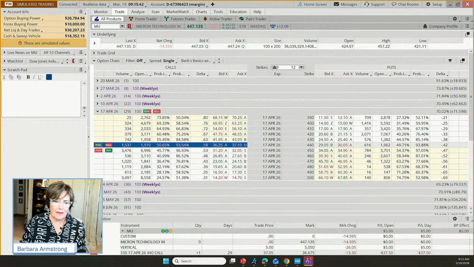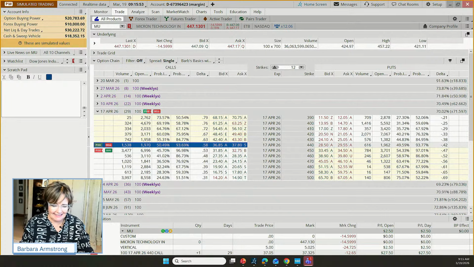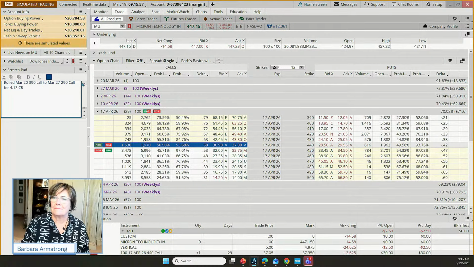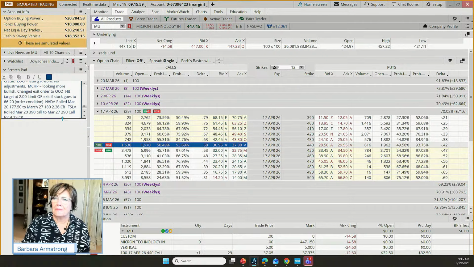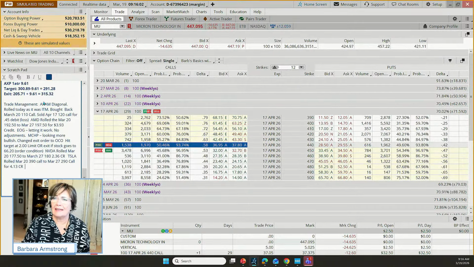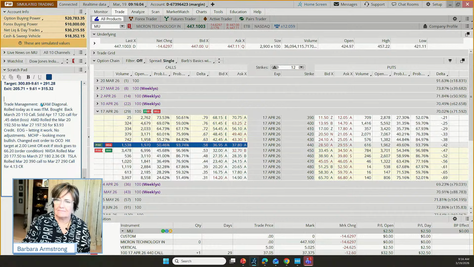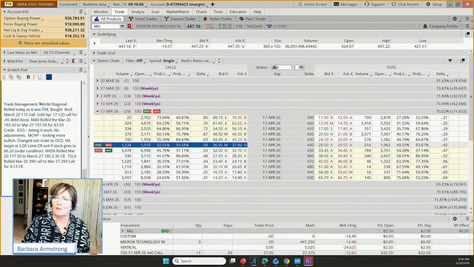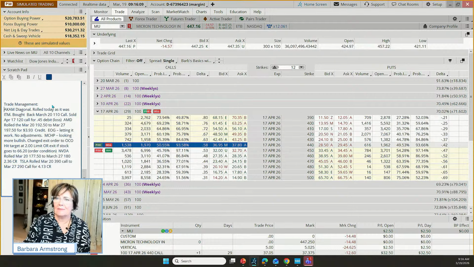Now I want to come back to a note because I do want to share this information. For those of you who are regulars at this class, Connie had done an example trade on Akamai, and she rolled it yesterday as it was in the money.